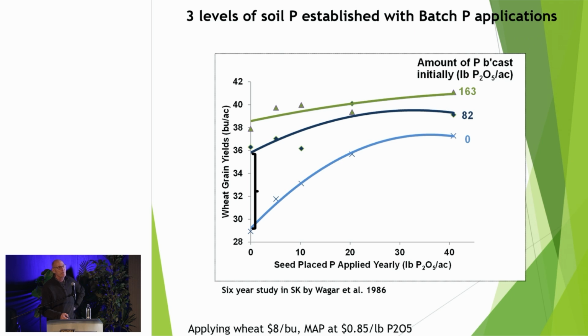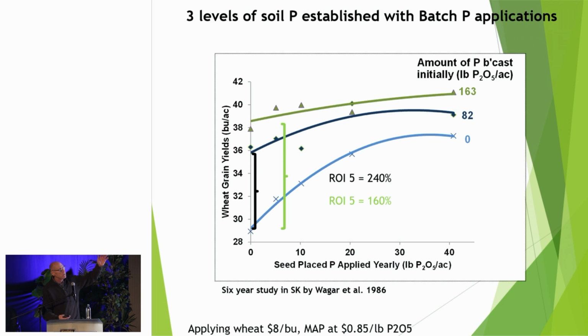This is the average of 5 years, so cumulative is more than that. It's a huge return on investment over the long term by that batch application. Similarly, doubling that rate again gave a very impressive return on investment. But again, I'm not seeing that just all in the year of application. That's a long-term return on investment.